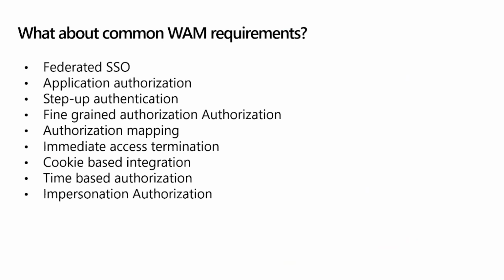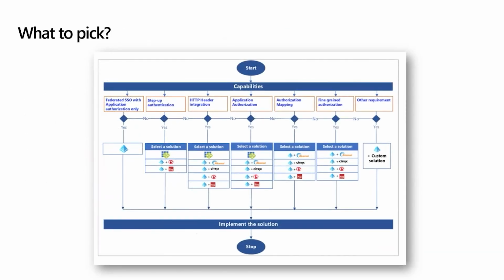Things like step-up authentication, authorization mapping, impersonation authorization or fine-grained authorization are common WAM requirements. And what we did there is that we built a decision chart for you as a customer, which would make it easier to see which options are available.